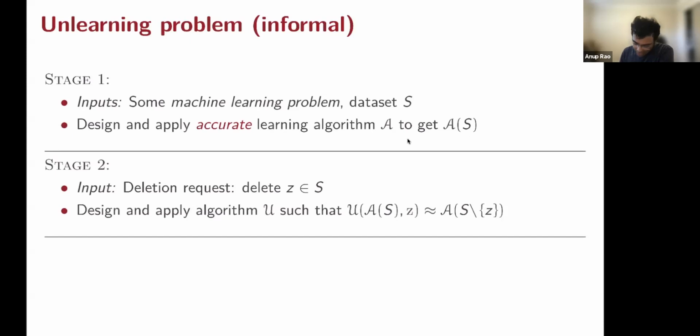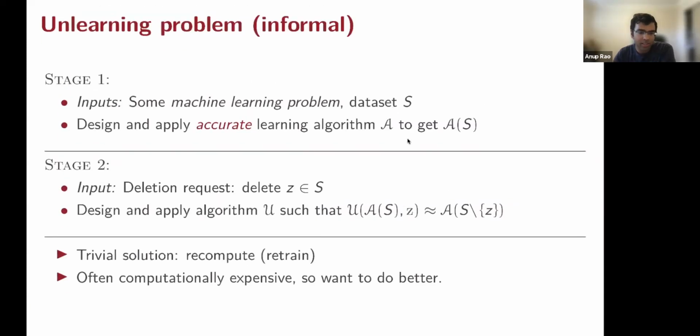We want to design and apply an unlearning algorithm that takes the learned model as well as the point to be deleted and produces a model that is approximately, or in our case exactly equal to, what we would have gotten if we trained on the data set with the point removed.